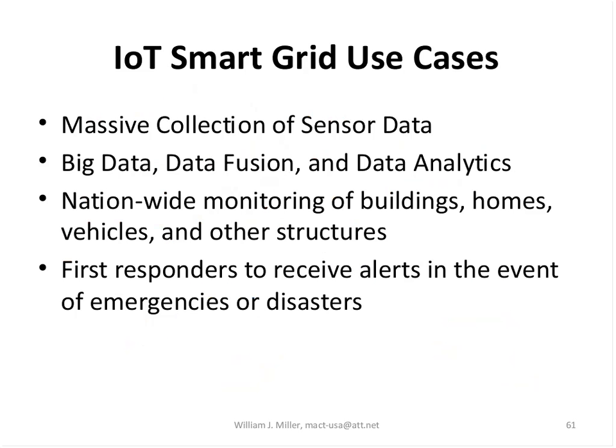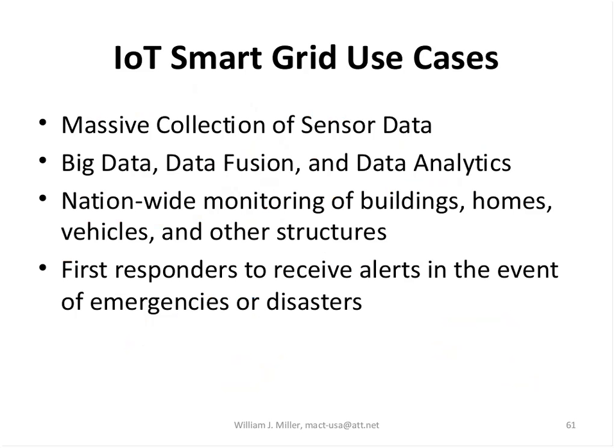Thanks. These are some of the use case areas. I'm sure we could think of a lot more, but there's the massive collection of sensor data that we're trying to do right now from many new sensors we're adding to the network. And of course, performing big data, data fusion, and data analytics is going to draw upon that information.